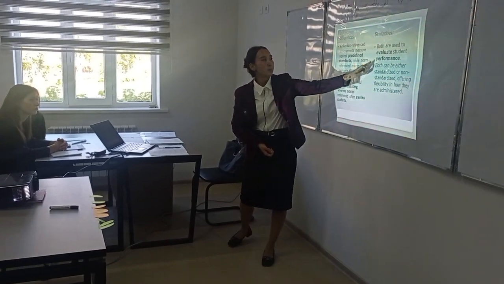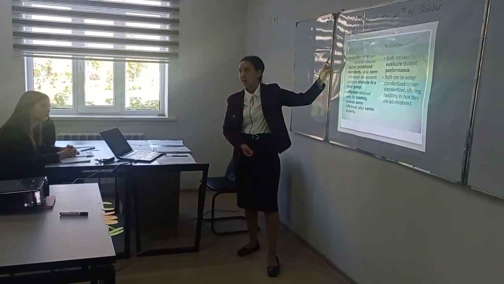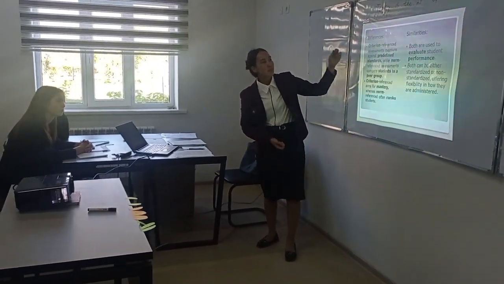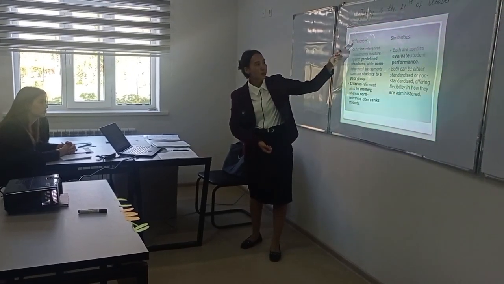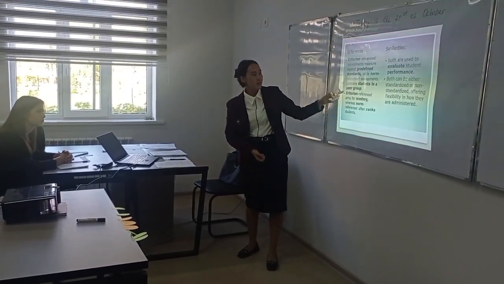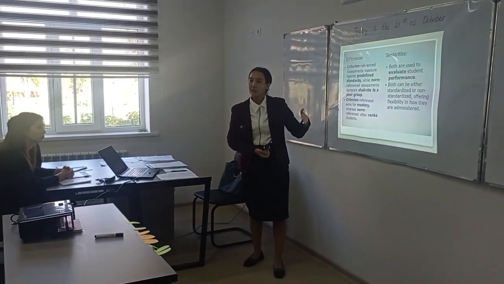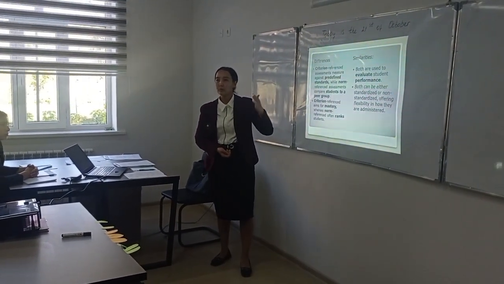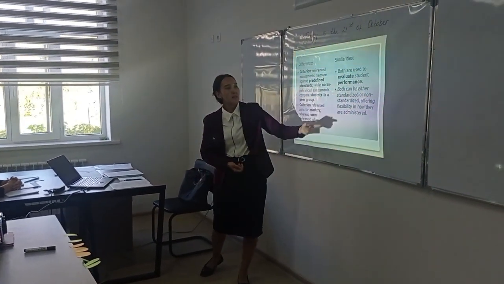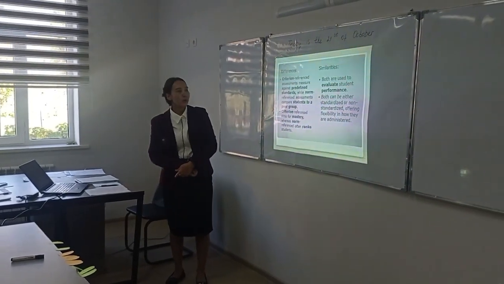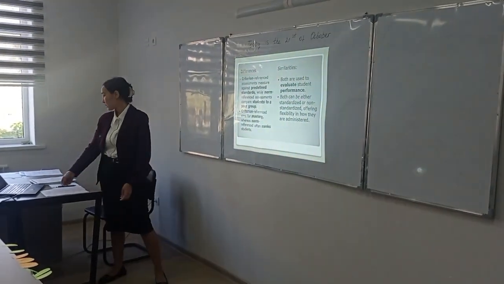And similarities, both are used to evaluate students' performance. Criterion-referenced measures the performance of students against the predefined standards. And the second one, norm-referenced assessment is designed to measure students compared to one another. And both can be either standardized or non-standardized, offering flexibility in how they are administered.